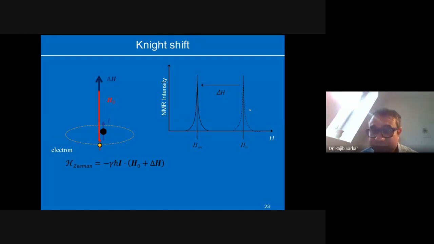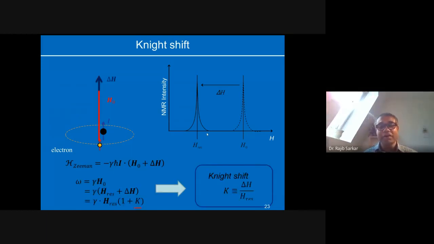So originally your line was at the H0 position, but now your line is placed at the H resonance position. And that is called a shift.